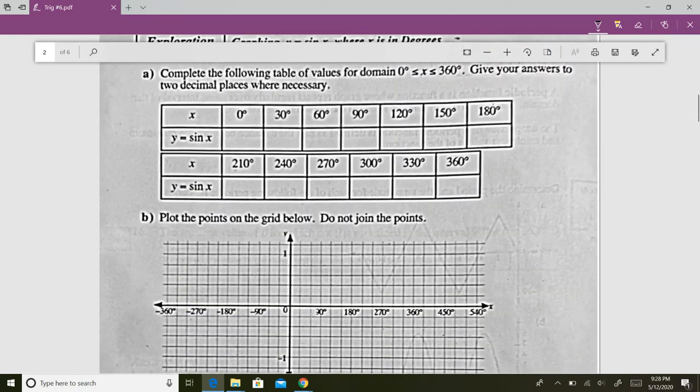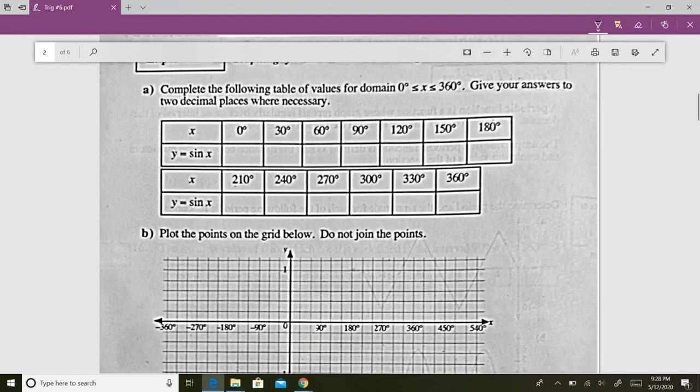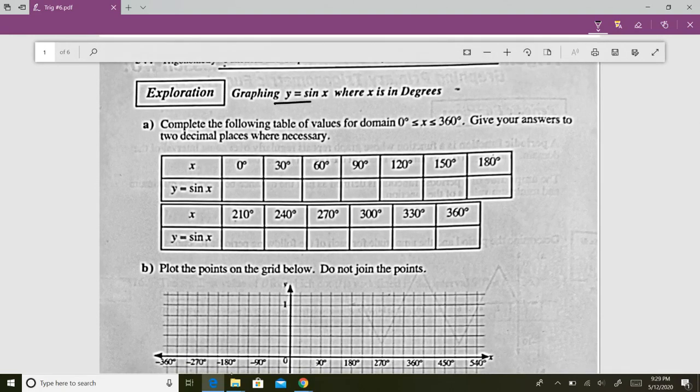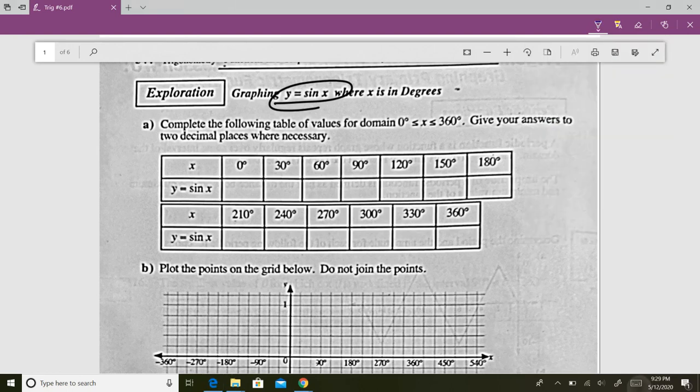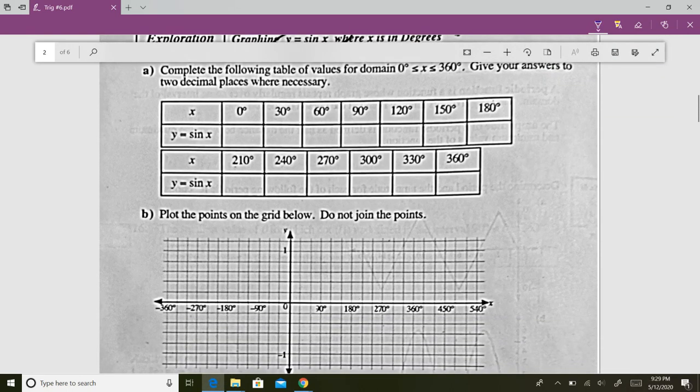Now, the trig graphs. So the first one we're going to do here is we're going to look at the sine graph. We're going to do it in blue. So this is going to be the graph of y is equal to sine x. Okay, so on your calculator, these are all in degrees.